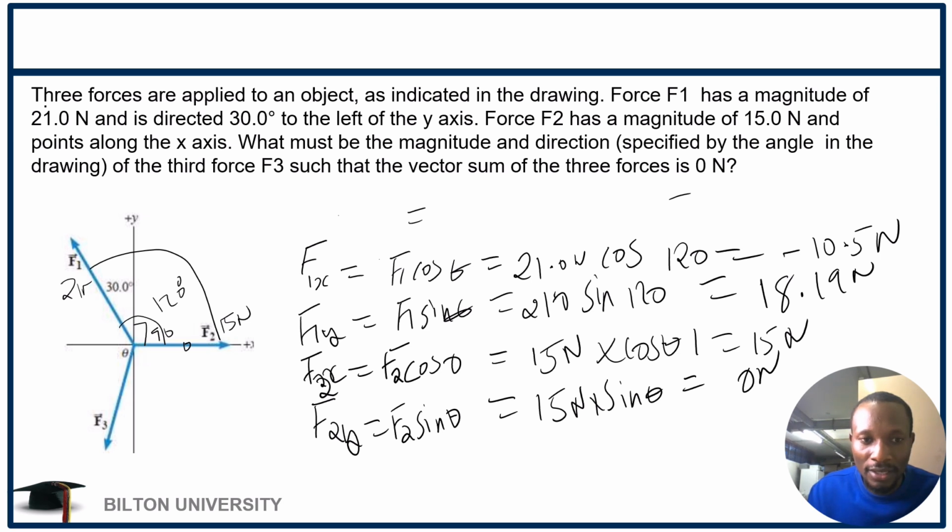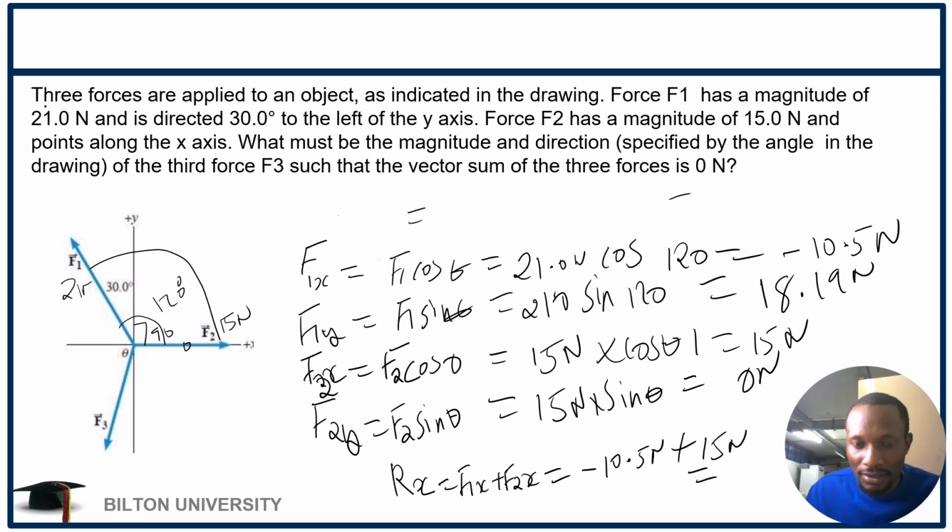From here we can look at the resultant of the X components, which you can call Rx. R is the resultant, meaning the sum of all the X components, which is F1x plus F2x. F1x is minus 10.5 Newton plus F2x is 15 Newton, and that gives us 4.5 Newton, positive 4.5 Newton.